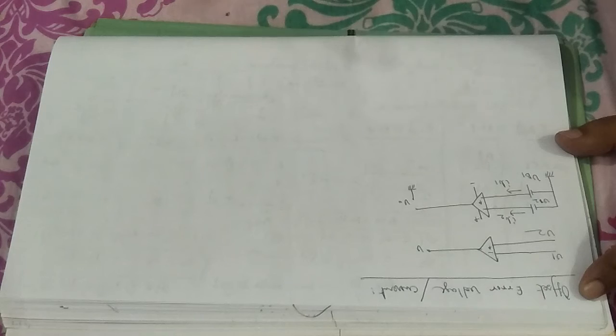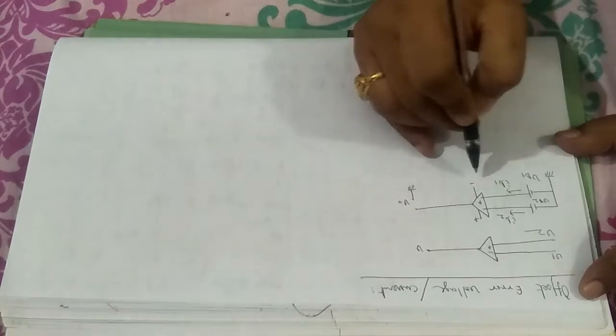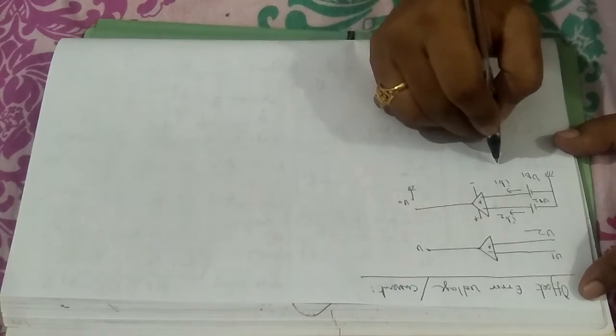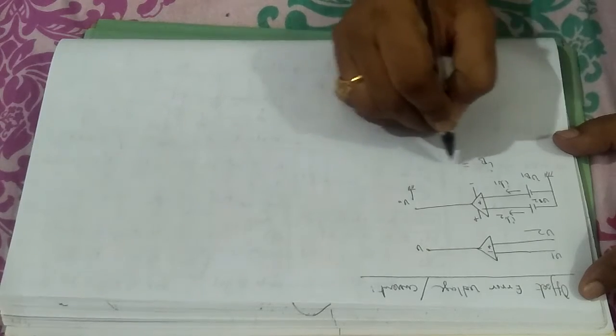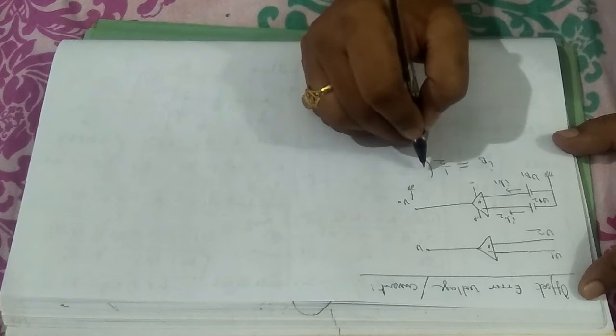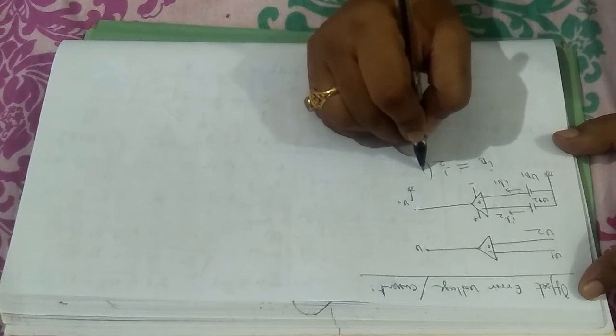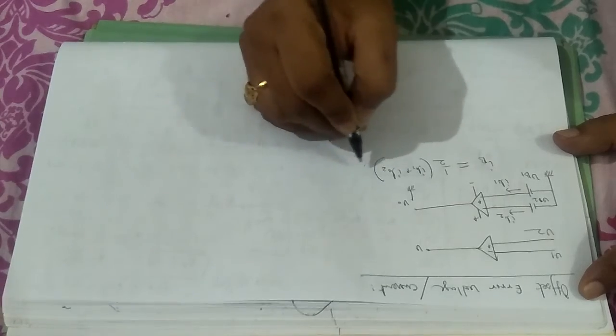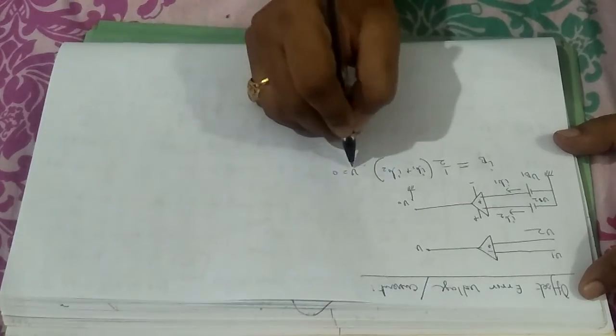Now the input bias current is half of the sum of the individual currents entering the two input terminals in a balanced amplifier. The configuration is shown. So the input bias current IB is half of the current flowing through the input terminals, that is IB1 plus IB2, when V0 equals 0, output is 0.